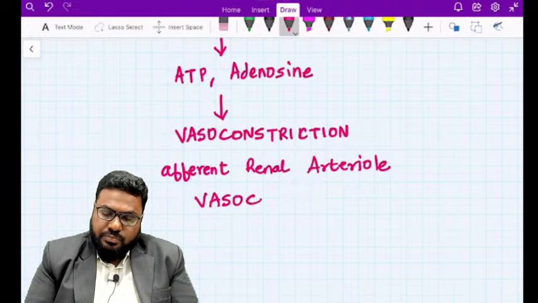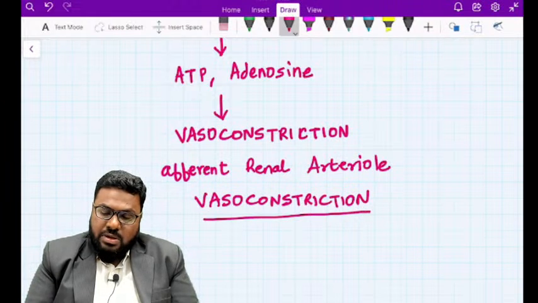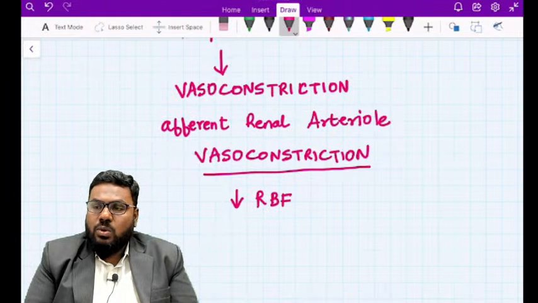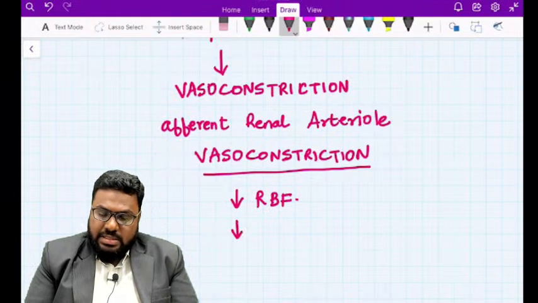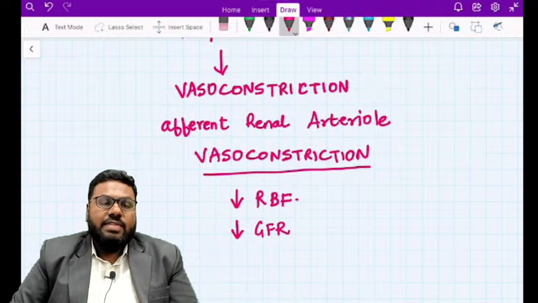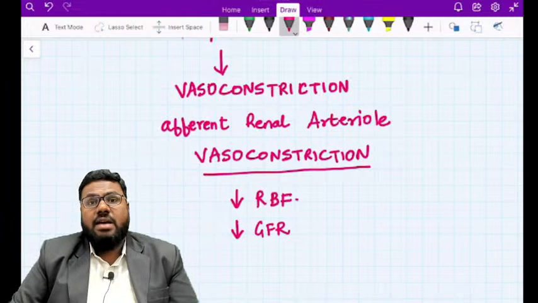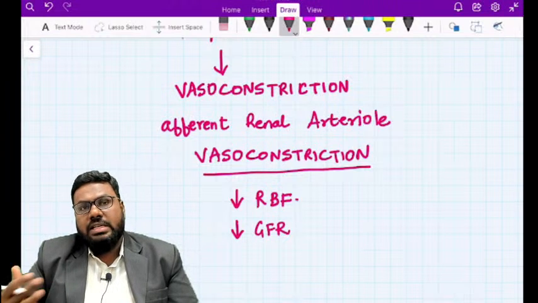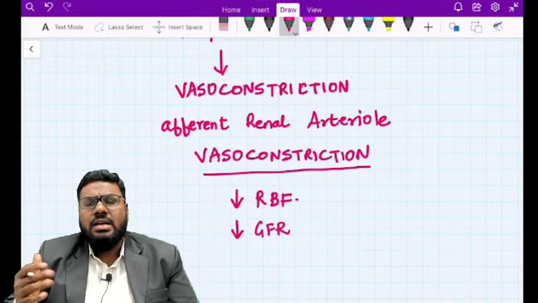This afferent renal arteriole vasoconstriction results in a decrease in the renal blood flow and hence a decrease in GFR. Did you understand this? Vasoconstriction of the afferent renal arteriole commonly happens with hypertension. In hypertension also, this is the phenomenon that is seen. Exactly the opposite phenomenon is seen in renal artery stenosis. I'll talk about it later on.